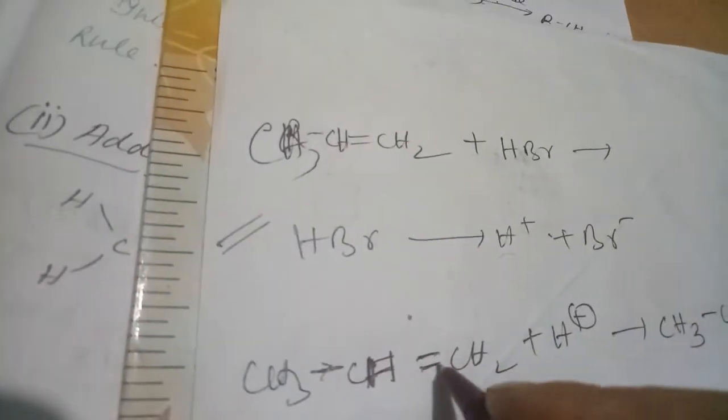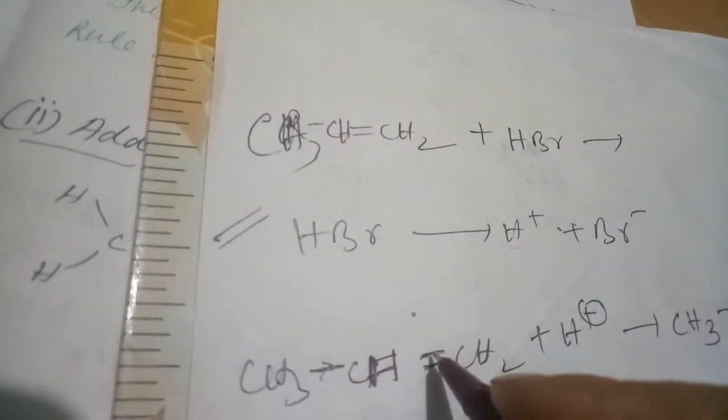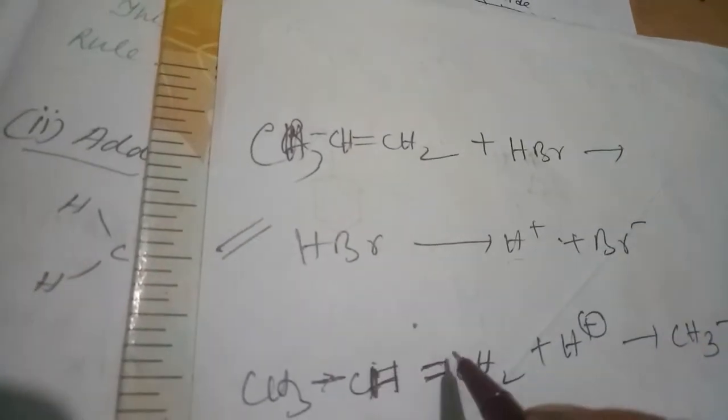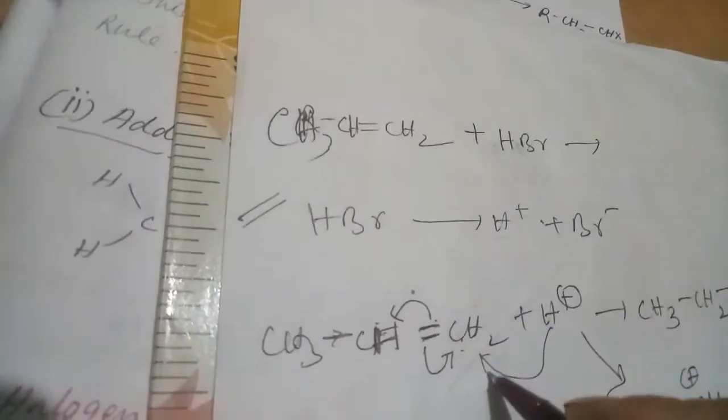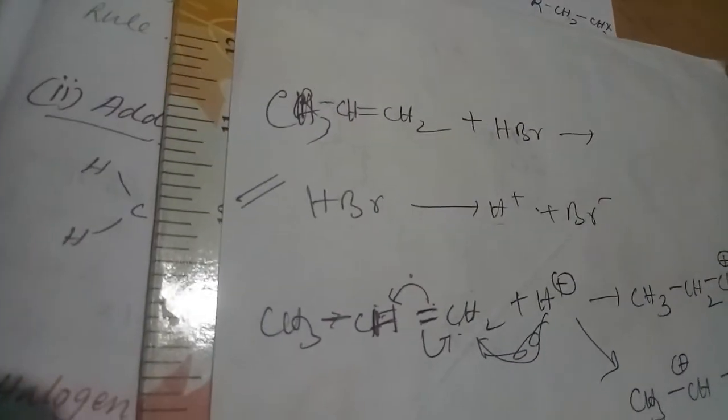The pi bonded electrons are very loosely bound, and they will go to one carbon atom. If the electrons go to that carbon atom, then the other carbon will be positive, and the H+ will add to the carbon that received the electrons. Again, if the pi electrons go to the other side, then it will be CH3CH+ and the other carbon will be negative, and the H+ will go to that carbon atom, giving CH3CH+CH3.